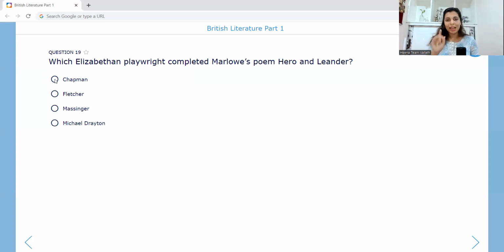Chapman completed it and published it. This poem was published 5 years after Marlowe's death, which means in the year 1598, because Marlowe lived from 1564 to 1593. So what should be the correct answer? A. Chapman. Chapman is the Elizabethan playwright who completed Marlowe's poem, Hero and Leander.